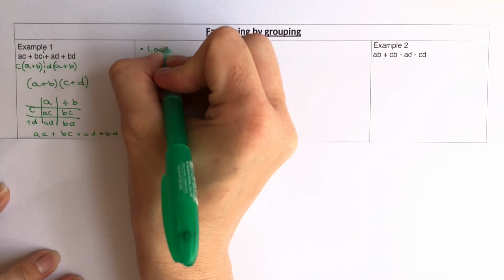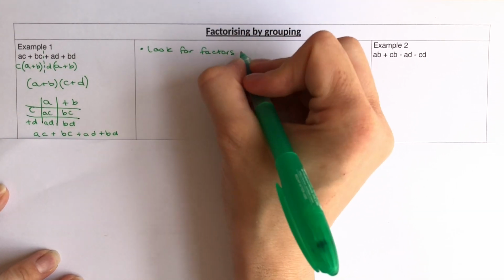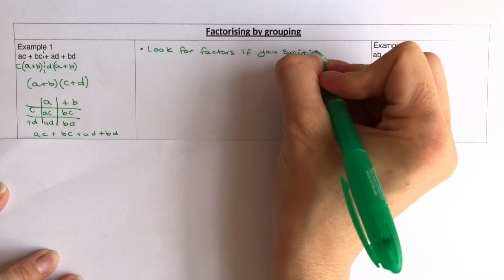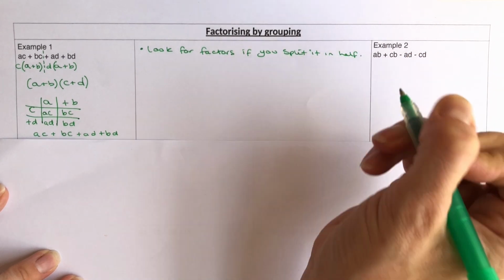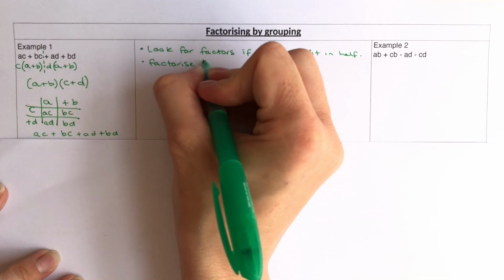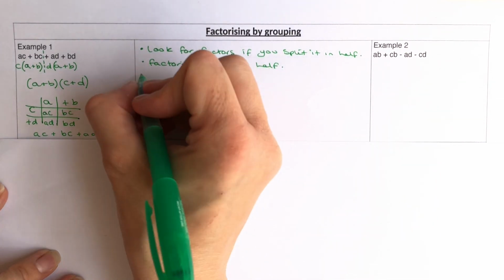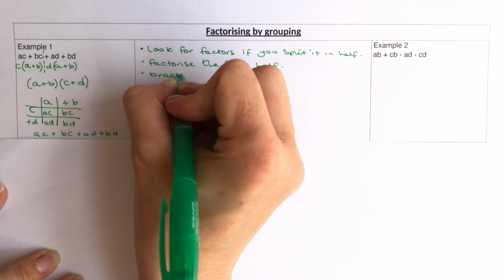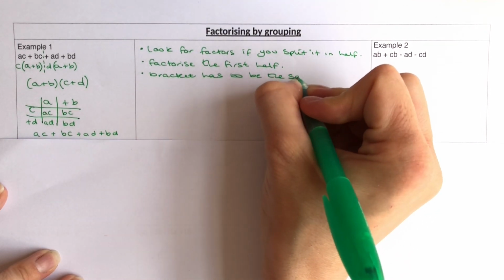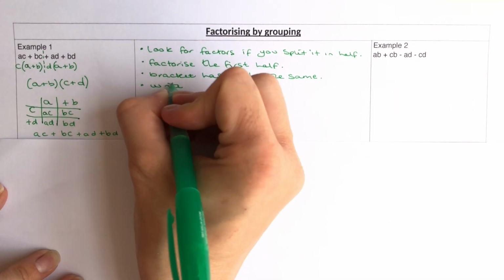So look for factors if you split it in half. Factorise the first half. Brackets have to be the same, so write in the second bracket.